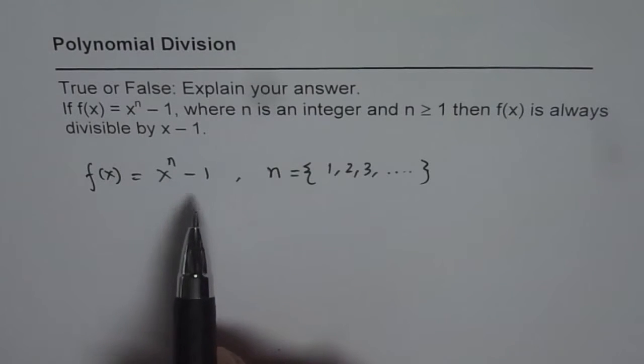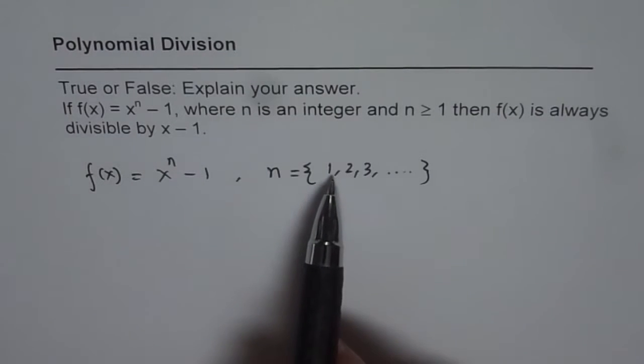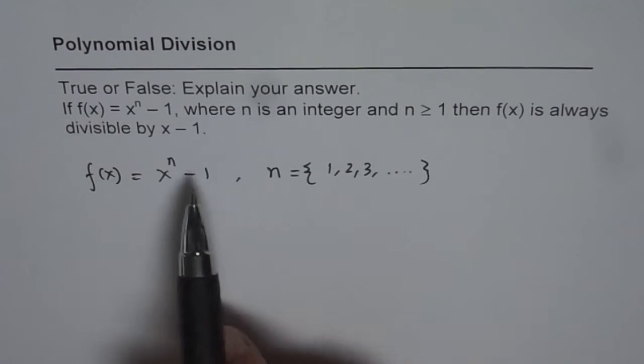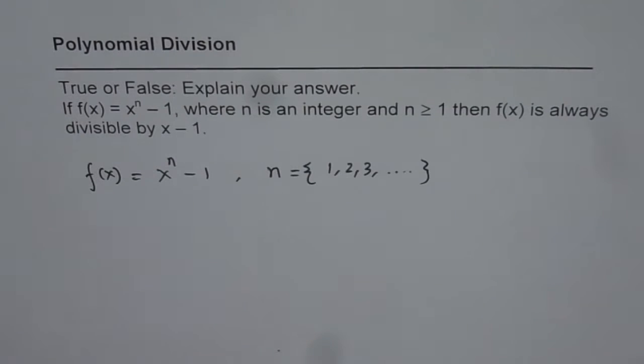Now, as you know, if n has numbers like 1, 3, 5, 7, then these are the odd numbers that give rise to odd polynomials, right?